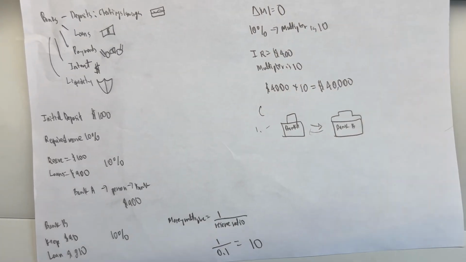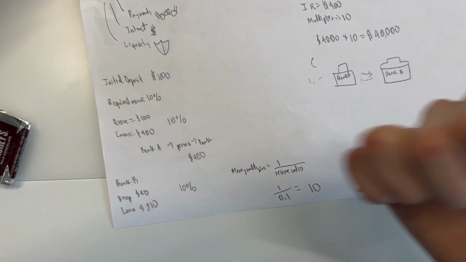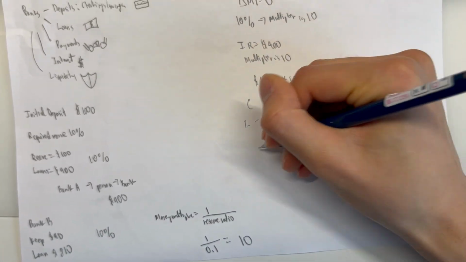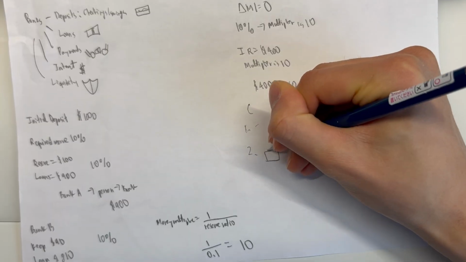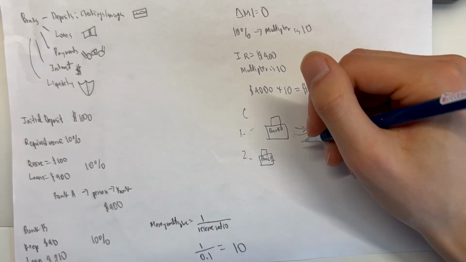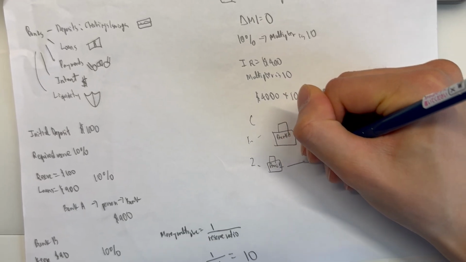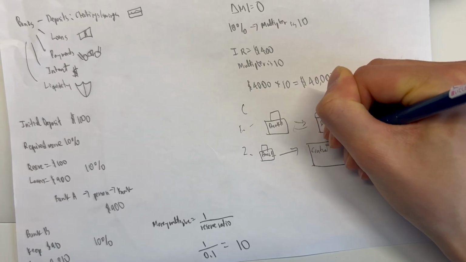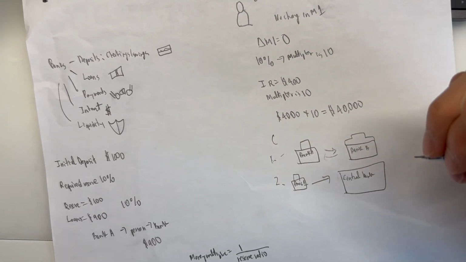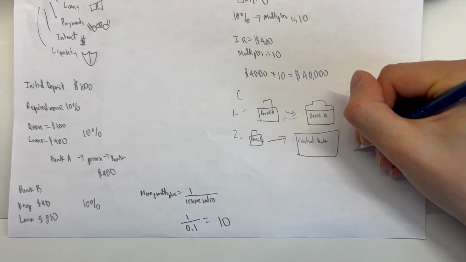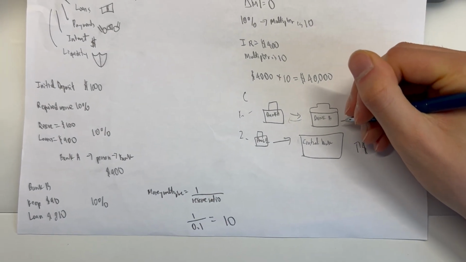And the second thing they could do is borrow directly from the central bank, and we got this big building, through the discount window, although this is typically more expensive than the first option.